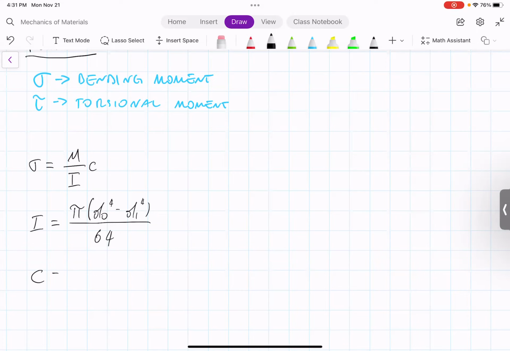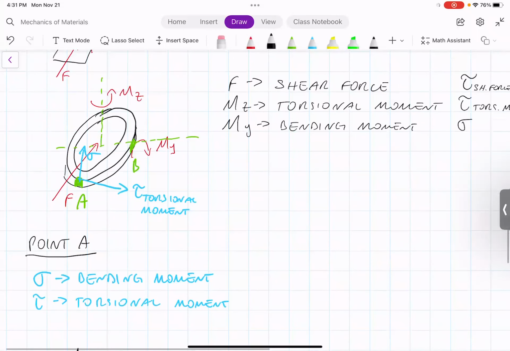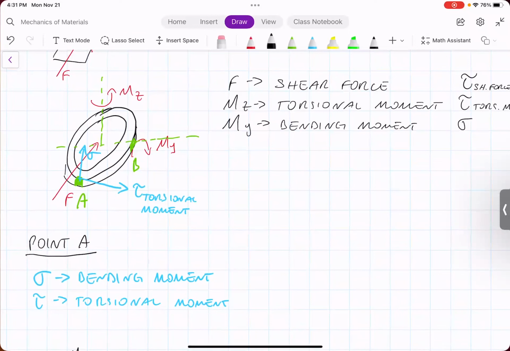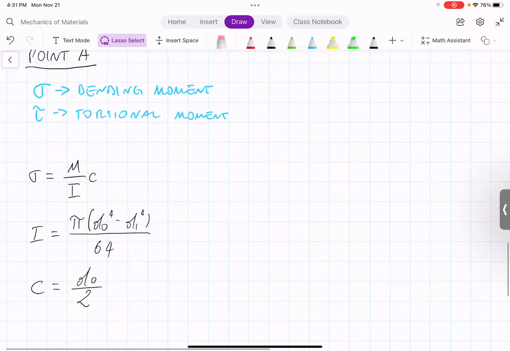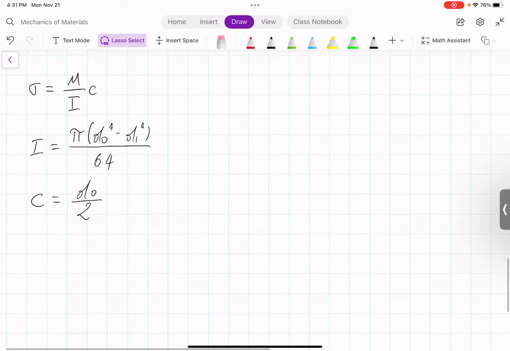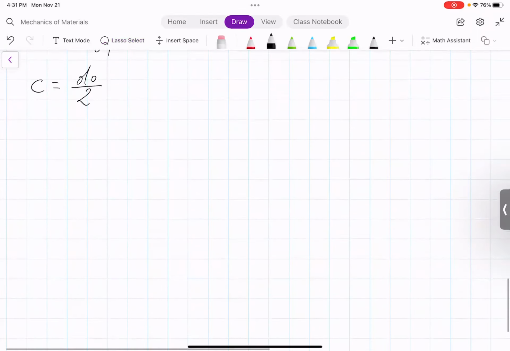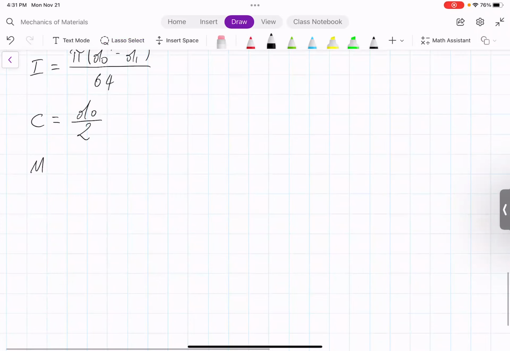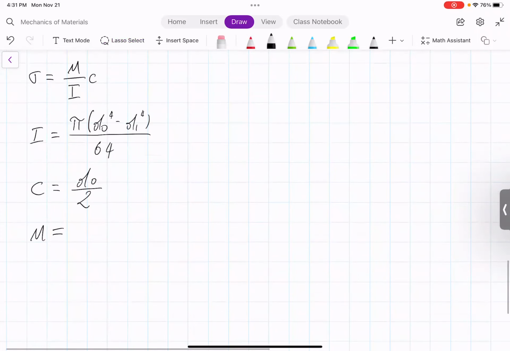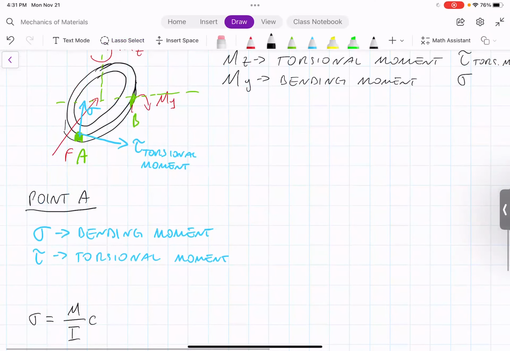In this case it is the radius, so the external diameter divided by 2, because basically we are looking at the distance between the neutral axis and the endpoint A. And then we have the moment, which is the bending moment, and we called it my.